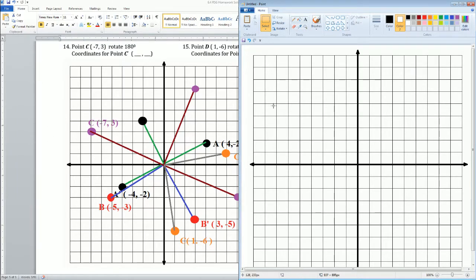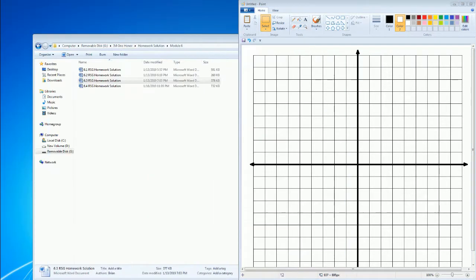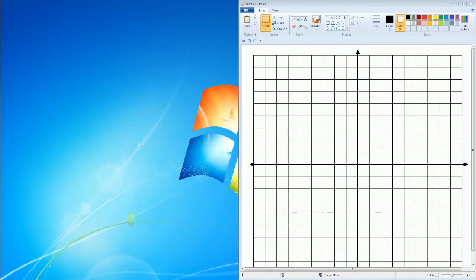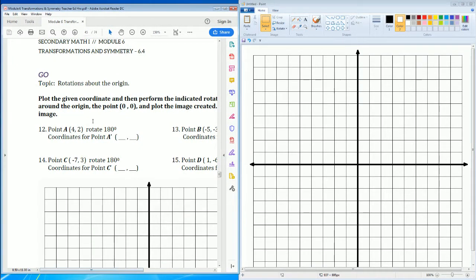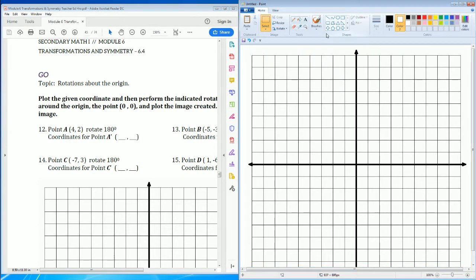I think I'm going to bring up the coordinates here. The first one said go from A for 4, 2. Where's 4, 2?